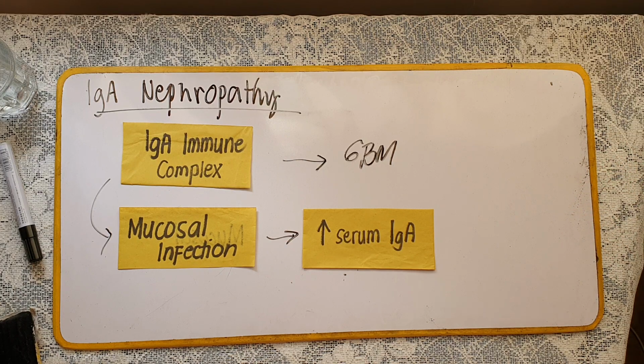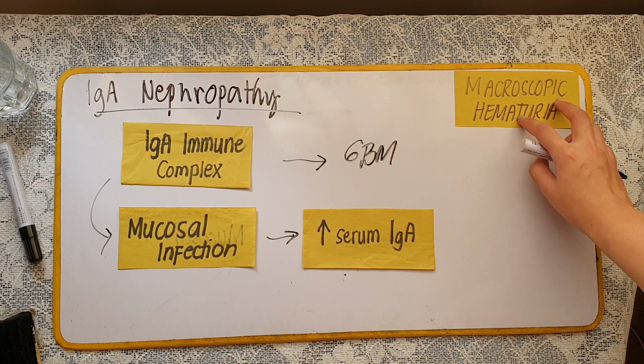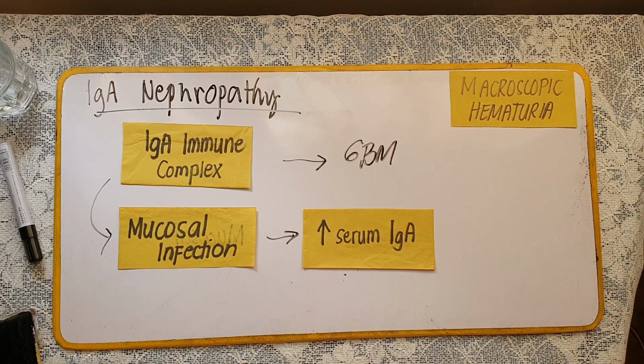Now, the patient may usually present with an episode of macroscopic hematuria. This would be our laboratory finding. Urinalysis findings may include macroscopic hematuria following an infection.